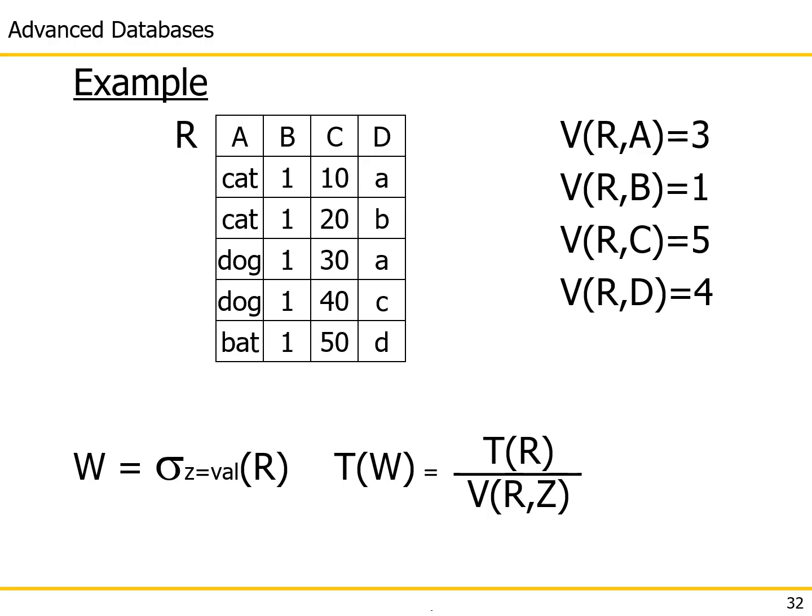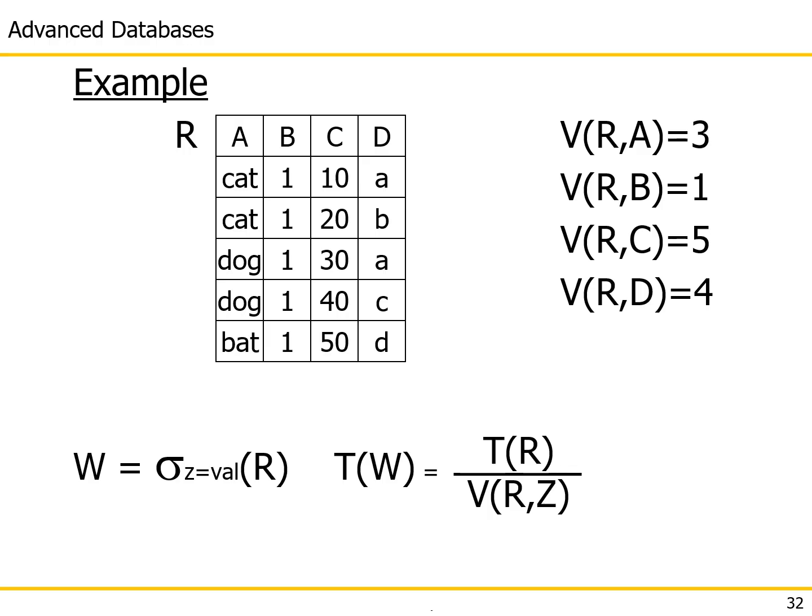I don't think about the case where val does not exist in the table, because the result set is going to be 0 anyway. I'm always thinking about the case where the value exists. Since it exists, it's going to be 1 out of 3: a cat, dog, or bat.